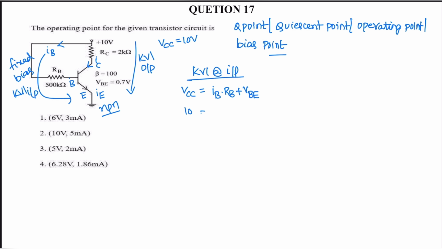So 10 volts equals IB, base current, times base resistance of 500 kilo ohms, plus base emitter voltage of 0.7 volts. On calculation, base current is 18.6 microamperes. Next, KVL at output side.